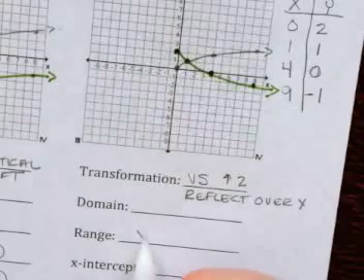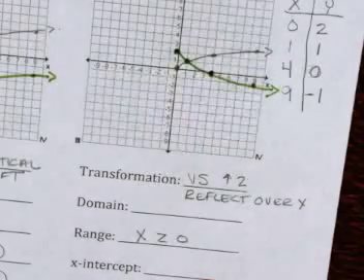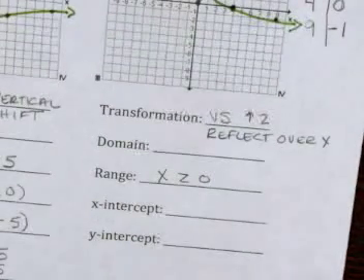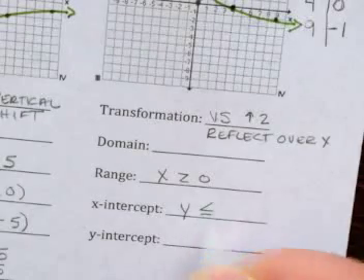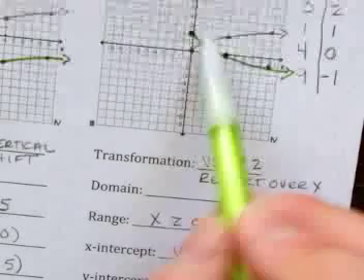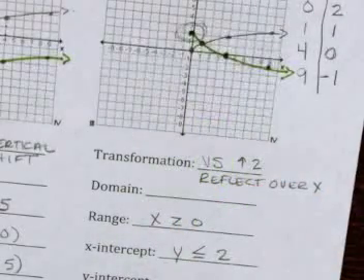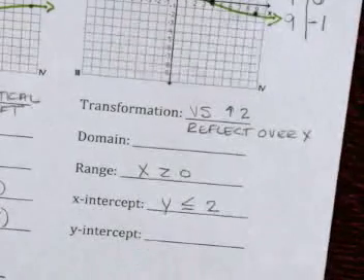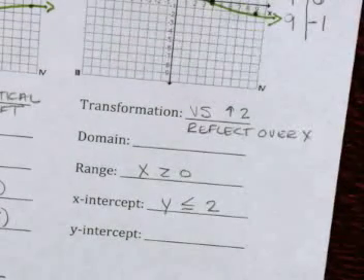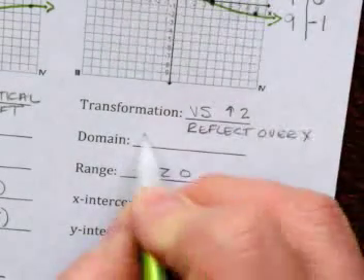My domain is all x values that are greater than or equal to 0. My range is y values that are less than or equal to 2. Notice on my graph that the largest y value I'm going to have in this reflected function is going to be 2. Whoops, I've got these in the wrong space.